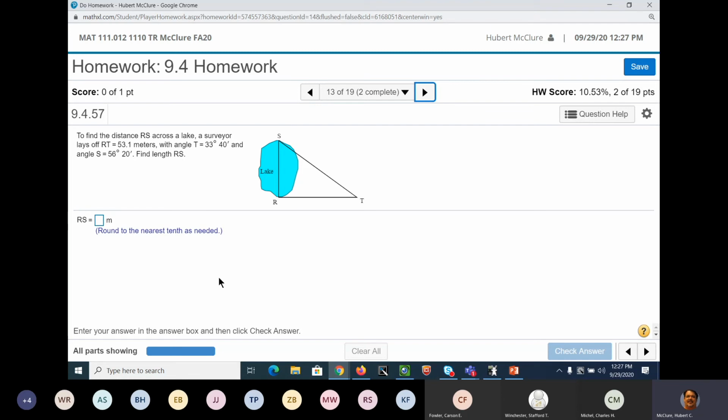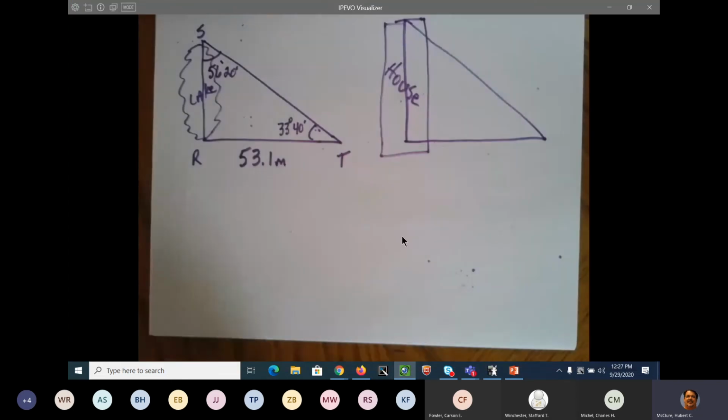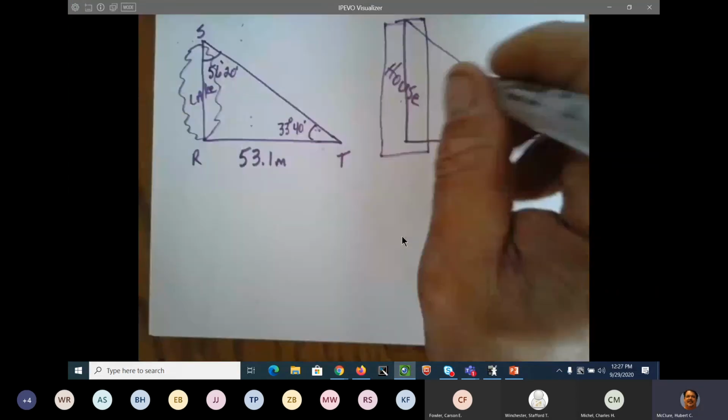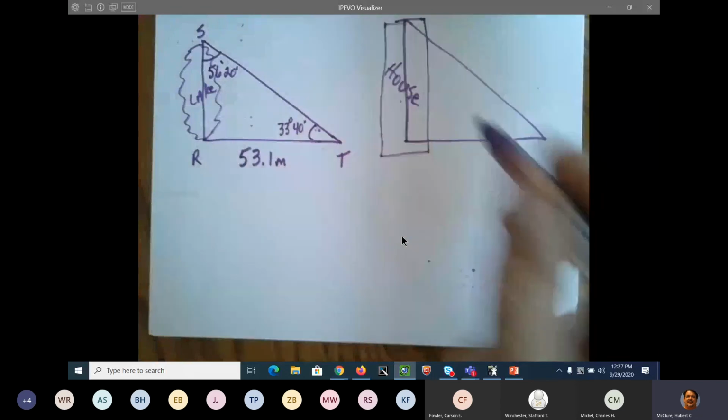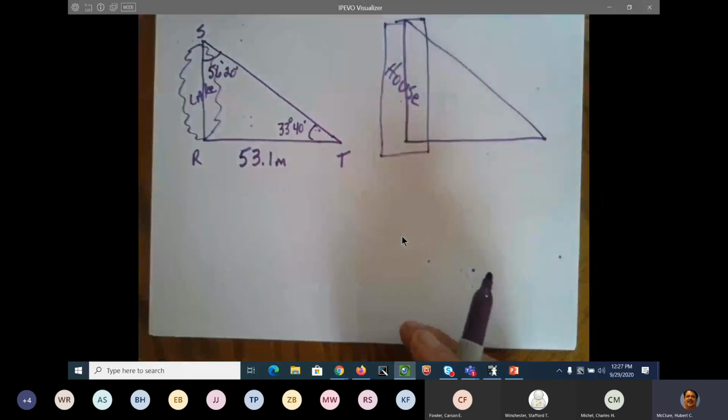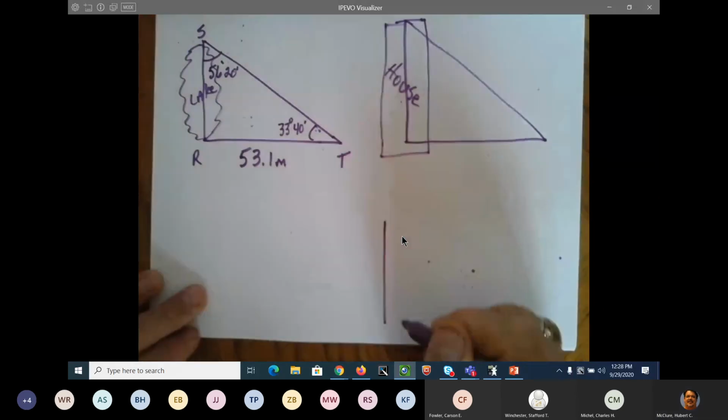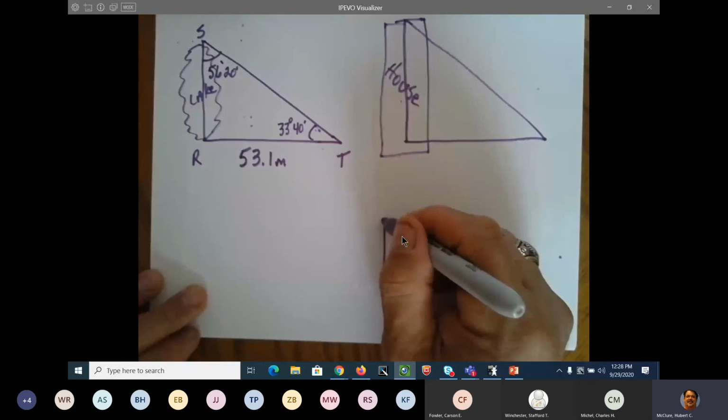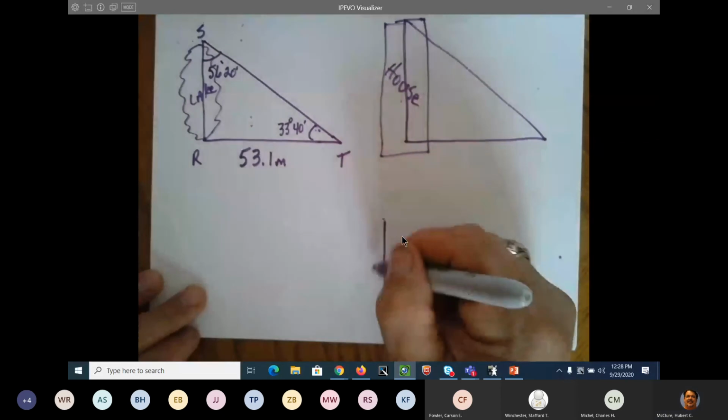Okay, here is the problem with the project right beside it. This is the bird's eye view. In other words, you're looking at the top of your house right now. You could use this if you're in a parking lot and you've got a curb right here, this is the curb.